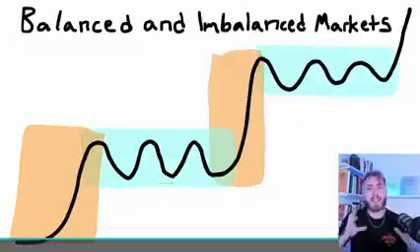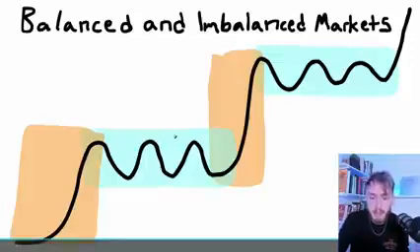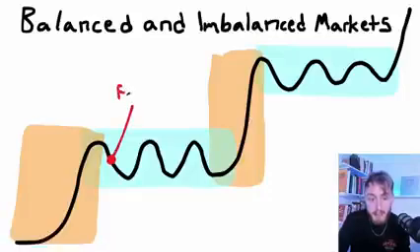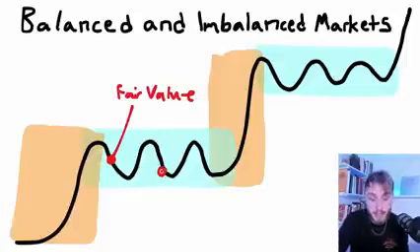And one more thing that can be a little bit hard to understand in the beginning is that you might wonder, okay, so what is the fair value? Well, the fair value of this market is all of the prices. So when we are right here, this right here is the fair value, because this was the moment where buyers and sellers agreed and a transaction took place.